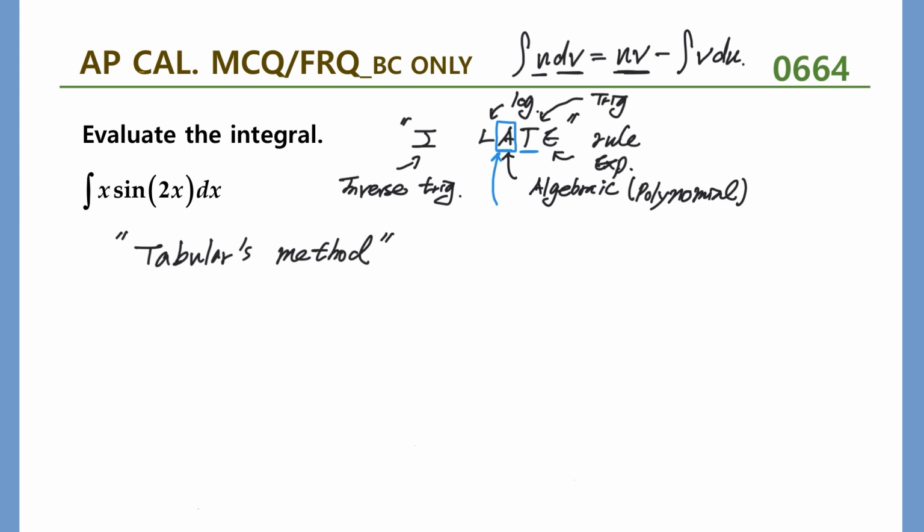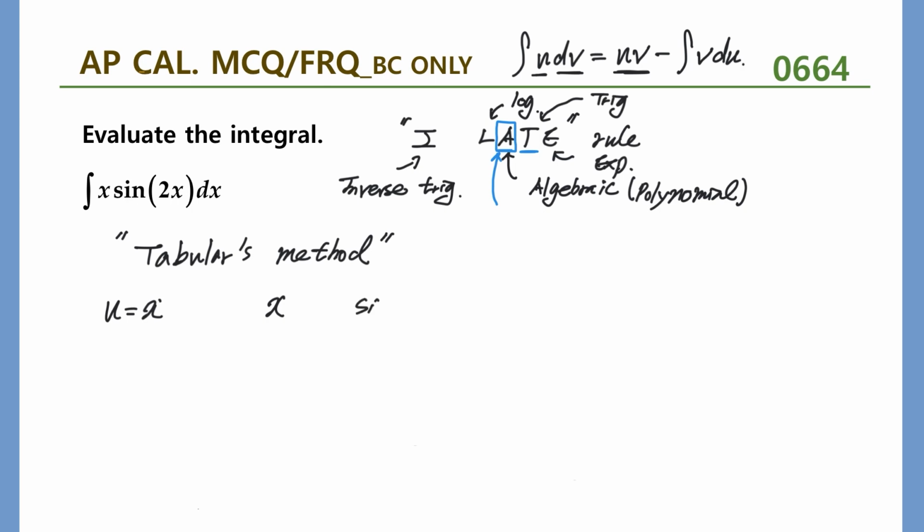In this case, our u is equal to x, an algebraic function, so we can use the tabular method. Here is how we use the method. Write u on the left-hand side, so write x right here, and write dv on the right-hand side.